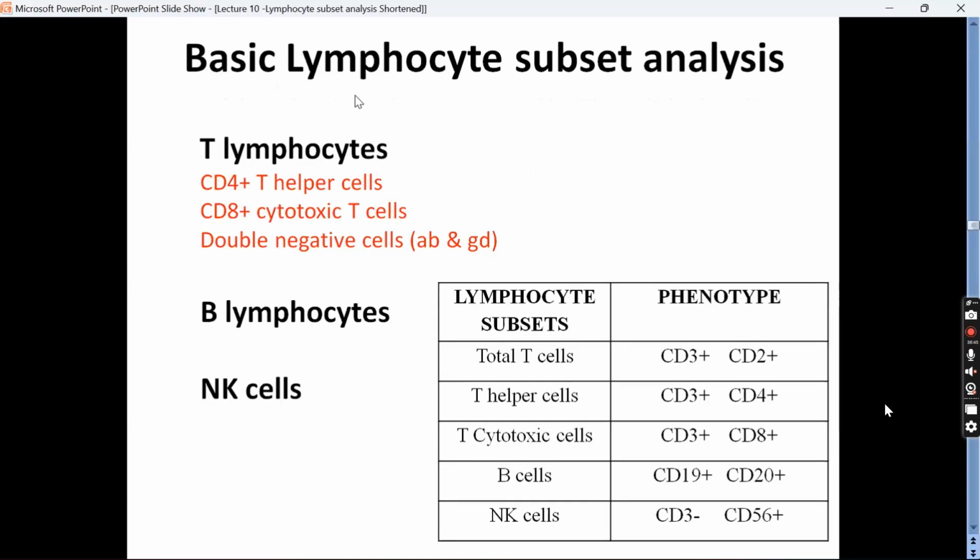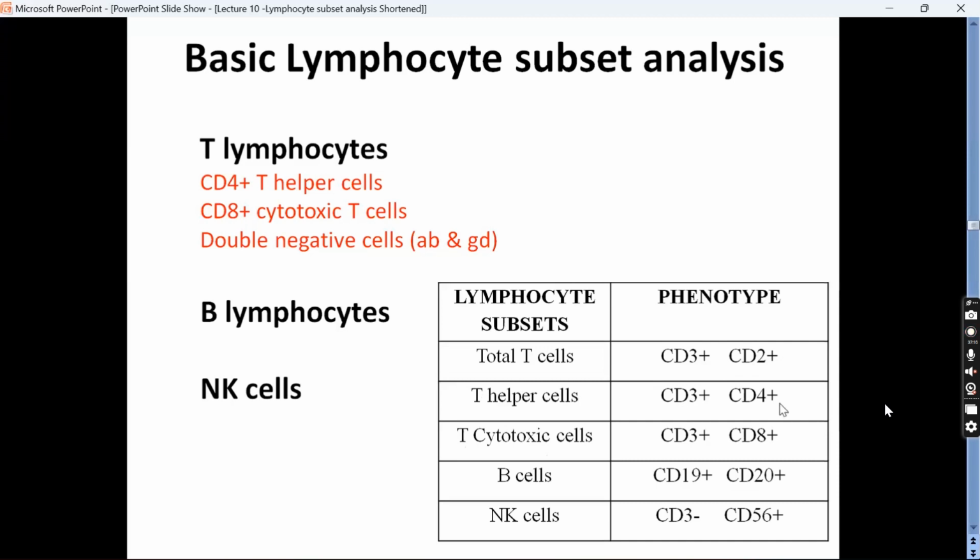As I told you, basic lymphocyte subset analysis is where you quantify and tell the absolute numbers of T cells. In T cells, you need to report the total T cells, the CD4 positive T cells, which are the T helper cells, the CD8 positive T cells, which are the cytotoxic T cells, then B cells and NK cells. And you know how to do that, because T cells have CD3 positivity, CD2 we rarely use, but still CD3 and CD2 positivity.